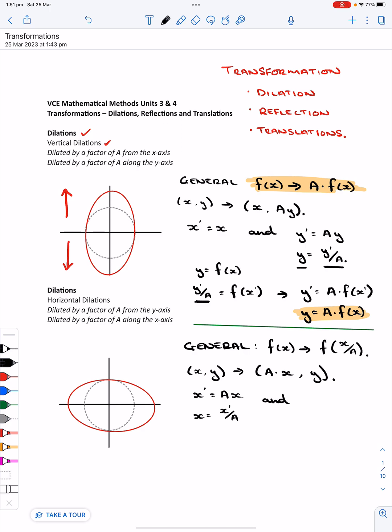And like I said before, we're not doing anything with our y coordinates, so y image equals y. If we then consider y equals f(x), and we do some substitution here, y image equals f(x image on a), and this becomes a transformed expression, y equals f(x on a).